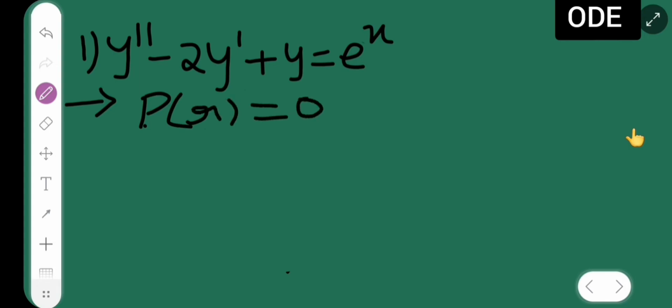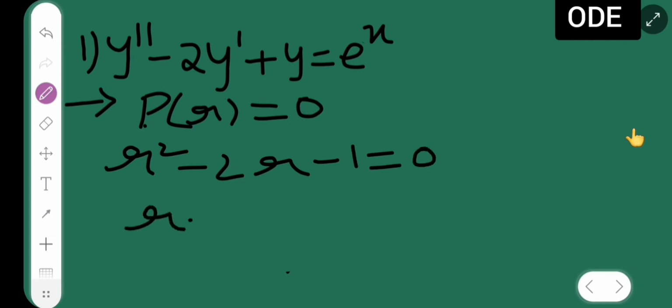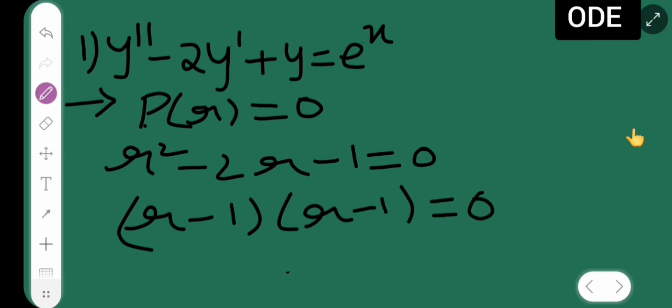So I will do now R square minus 2R plus 1 is equal to 0. What I'm going to get is R minus 1 into R minus 1 is equal to 0. So R is equal to 1, 1.